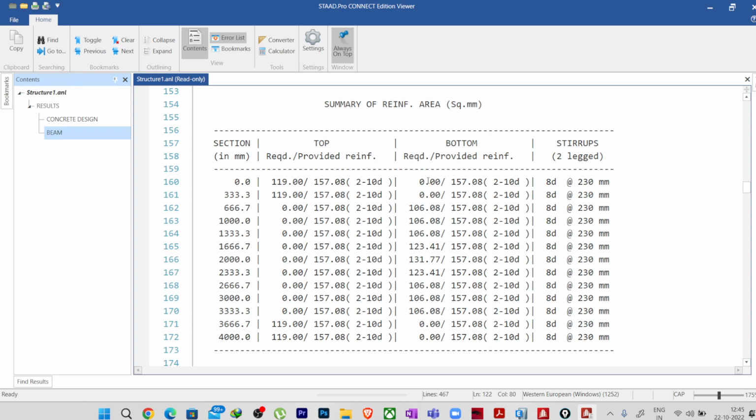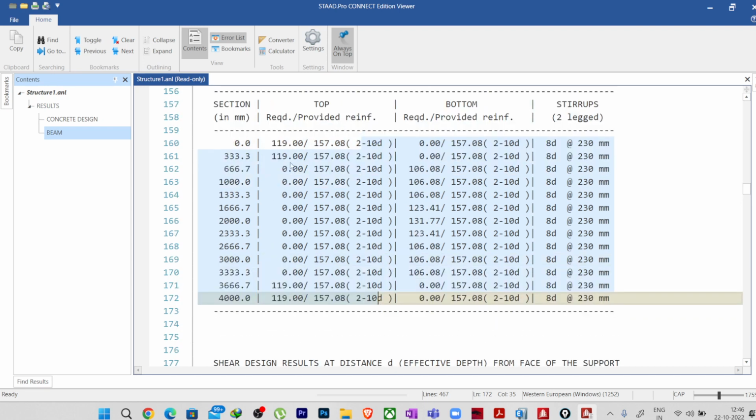You can see at the end span the top reinforcement is higher. This is detailing, which you can do by yourself. Whether you want to provide a 10 mm dia bar or not is your decision. We do not provide a 10 mm dia bar, we start with 12 mm, right? But you are getting the area of reinforcement from here. And at the mid span the bottom reinforcement will obviously be higher.